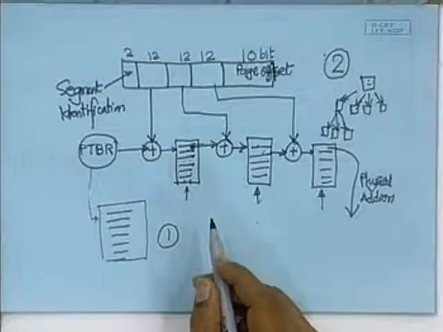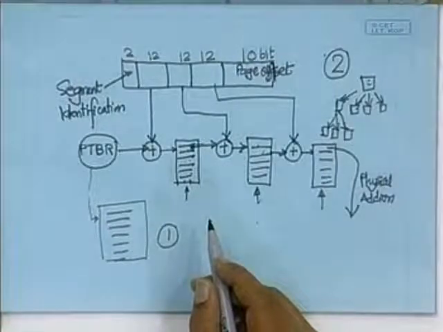Now, let us have a case study just to see what happens in the memory system of the Sunfire 6800. It is not a very recent computer, maybe 5-6 years old, the Sunfire 6800.